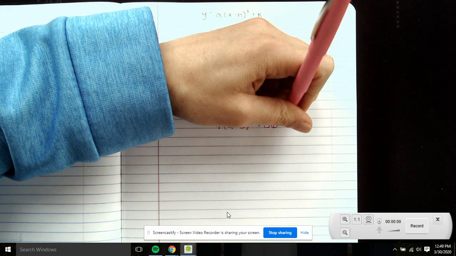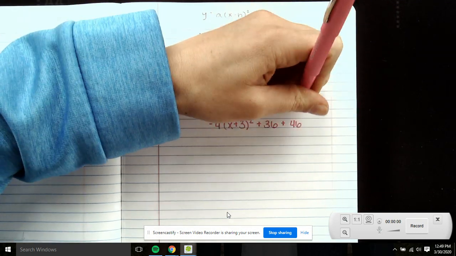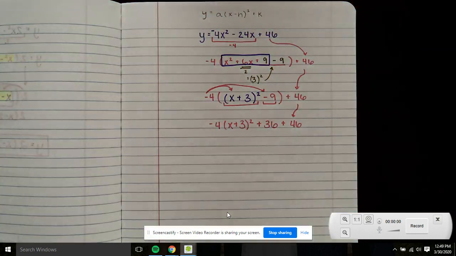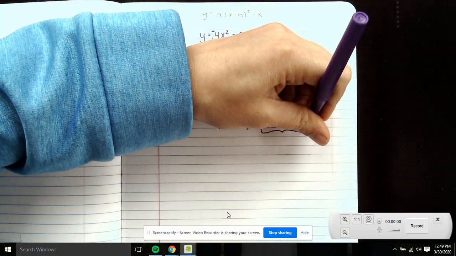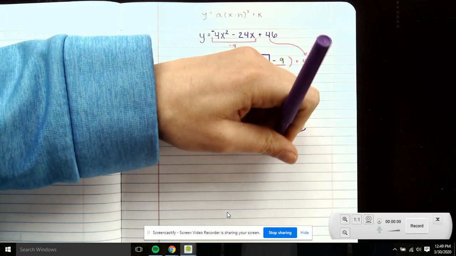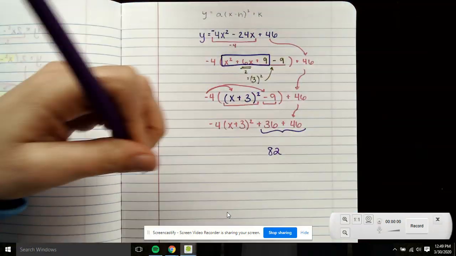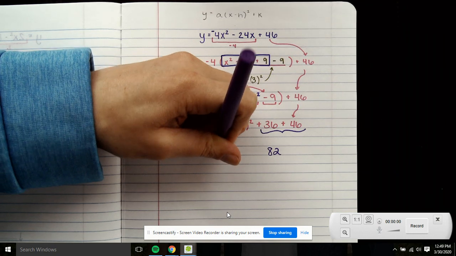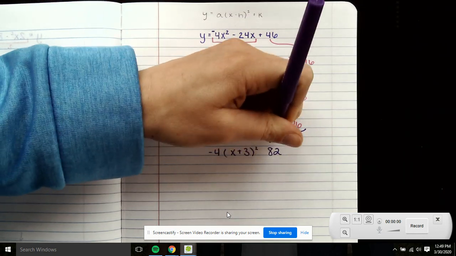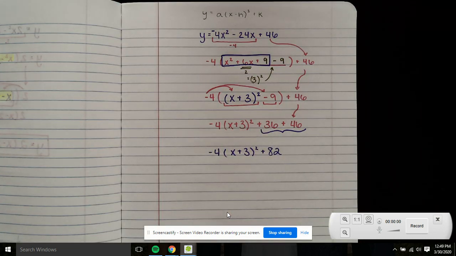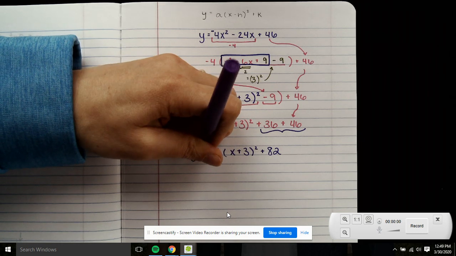And I've got plus 46 traveling off on the end again. So in the final phase, I'm just going to combine these two. That'll give me 82. So I've got -4 times x plus 3 squared plus 82. So here is my final vertex form.